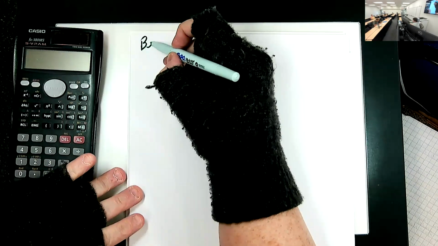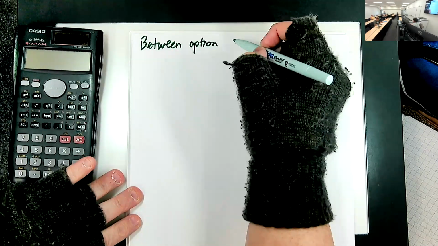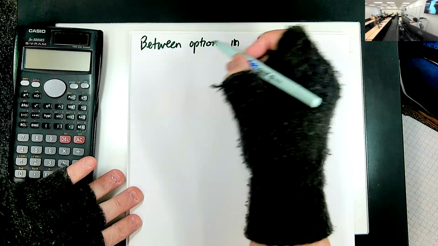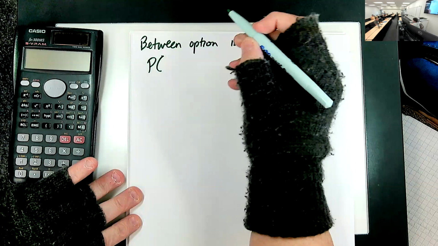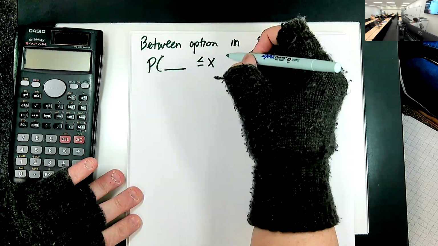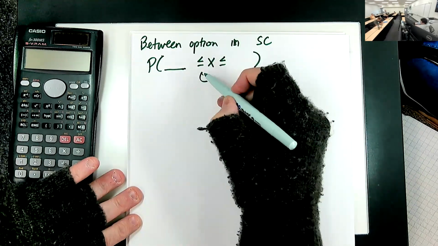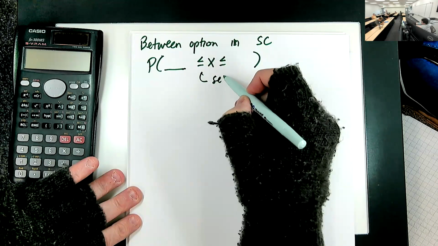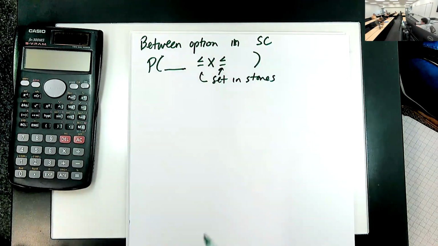So for the between option, N and P, it has probability, and then it's got a blank, less than or equal to X, less than or equal to blank. And these are set in stone. You can't change those signs.